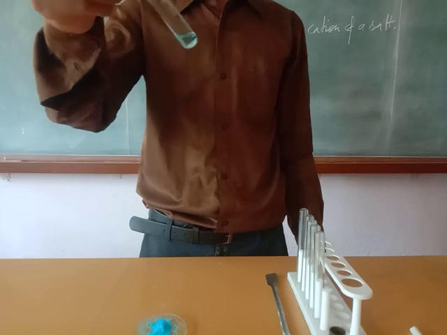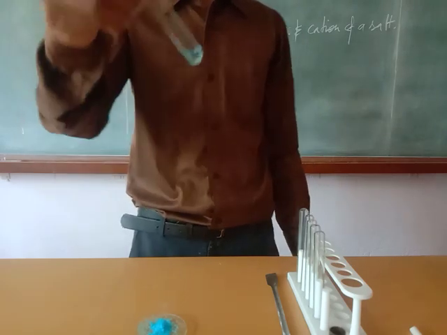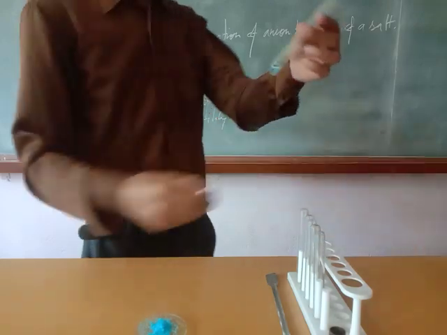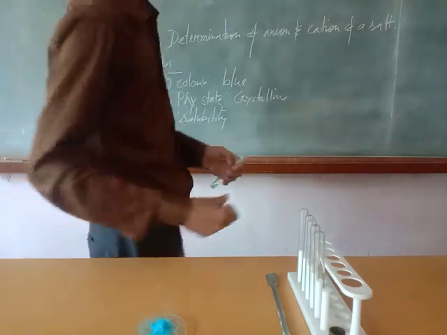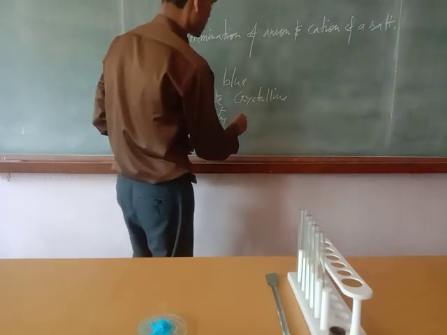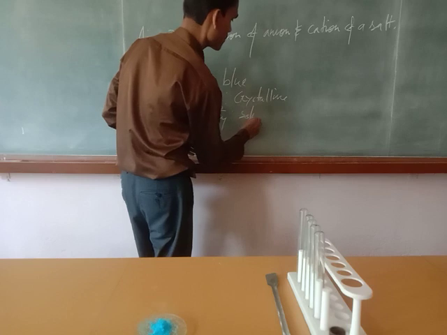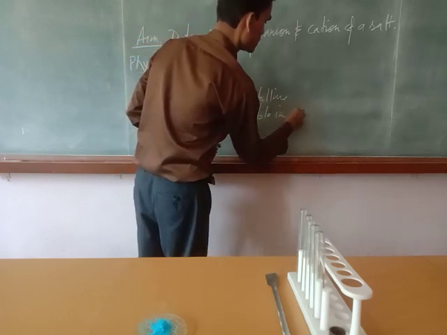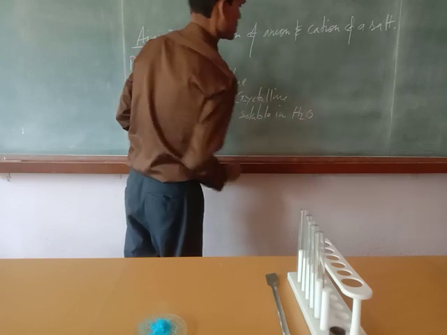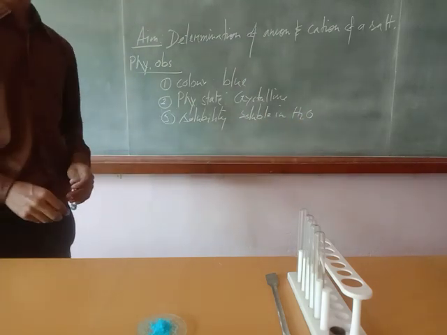If it completely dissolves in cold water, then you write, now you see it is completely dissolved in cold water. So here I can write soluble in water. So our physical observation is completed.